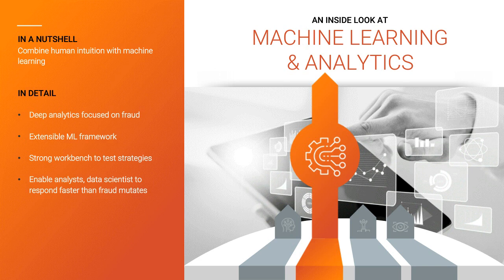An example would be a legacy R model that you would want to just drag and drop into our framework. And then lastly, again, the idea is to make sure we enable data scientists and data analysts to respond faster than what fraudsters do and how fraud mutates.